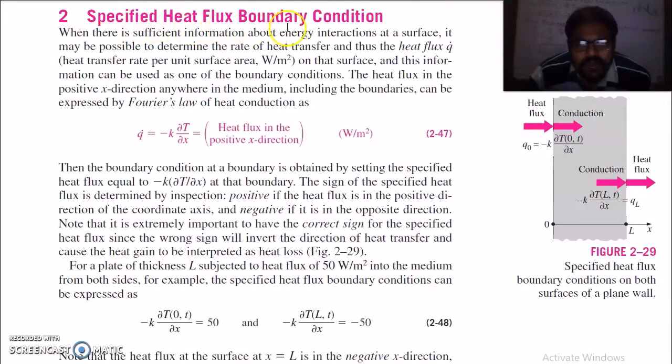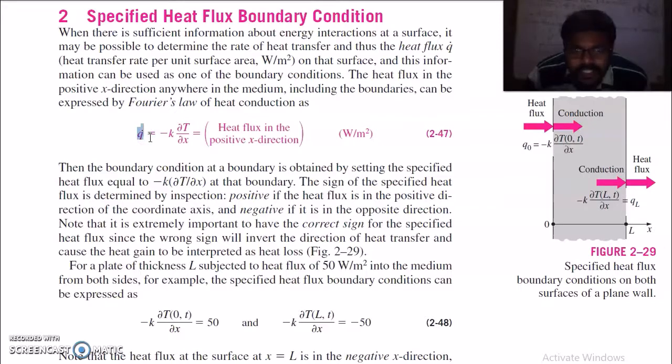Specified heat flux boundary condition. When there is sufficient information about energy interaction at a surface, this surface or this surface, it may be possible to determine the rate of heat transfer and thus the heat flux q dot, which is in watt per meter square, given by Fourier's law.